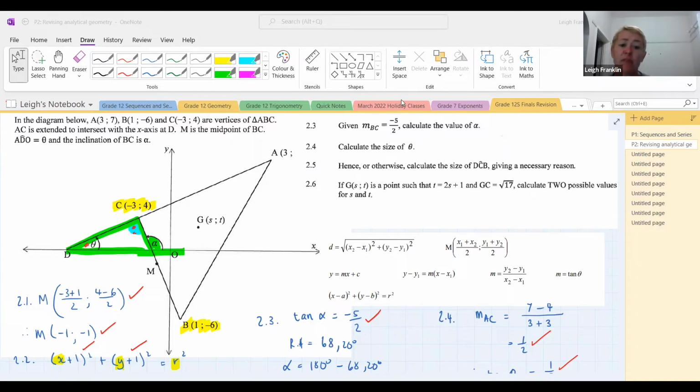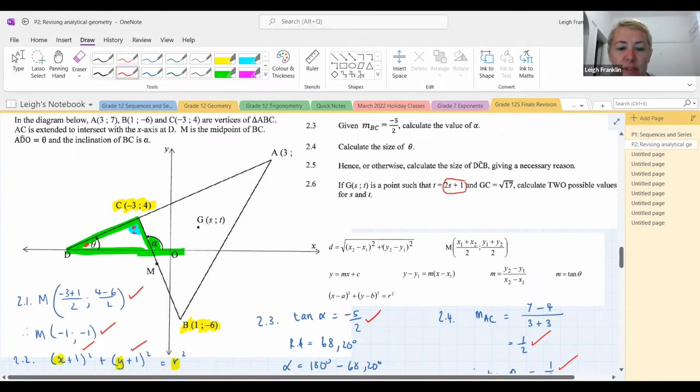That's a lovely suggestion. I like it a lot. I don't know if the rest of you understood what was being said, but that was really great. What has been chosen here is to work with T in terms of S, instead of subbing in T, to sub in 2S plus 1, and there's absolutely nothing wrong with that.